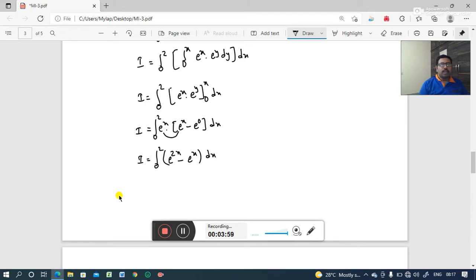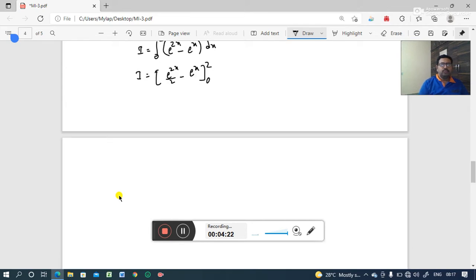Now let's integrate finally with respect to x. I is equal to the integration of e power 2x, which gives e power 2x divided by 2, minus the integration of e power x, which is e power x itself, and the limits are from 0 to 2. The upper limit of x is 2 and the lower limit of x is 0. Therefore I is equal to 1 by 2 is constant.